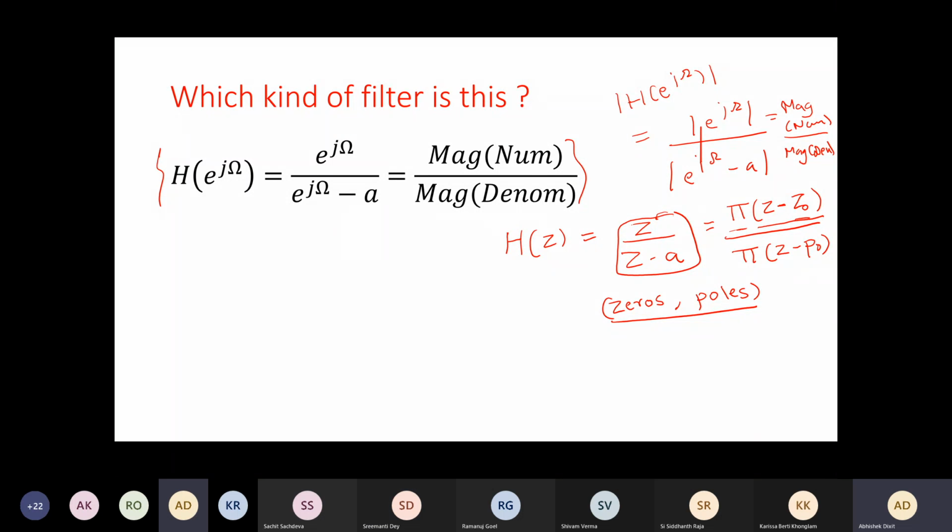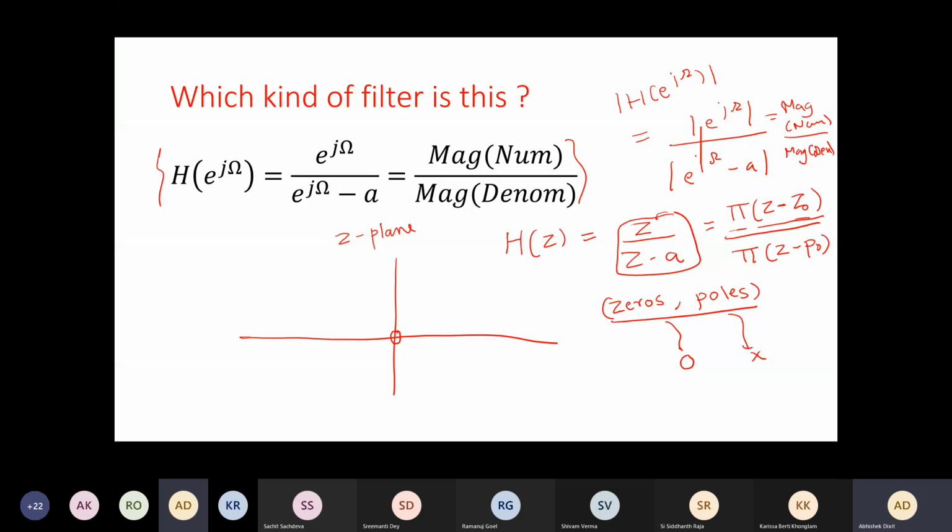At 0. Yeah. So let me have a Z plane. What I'm drawing is the Z plane. At 0, I have put a zero. This is the symbol for a zero, and for a pole, this is the symbol that we will use. So this is a zero and this is a pole.